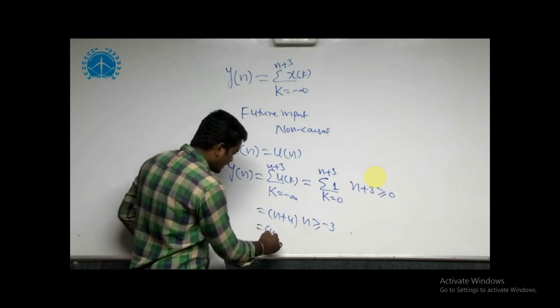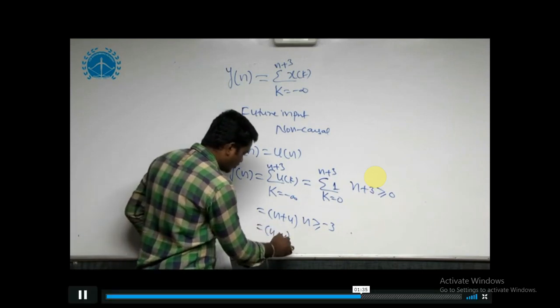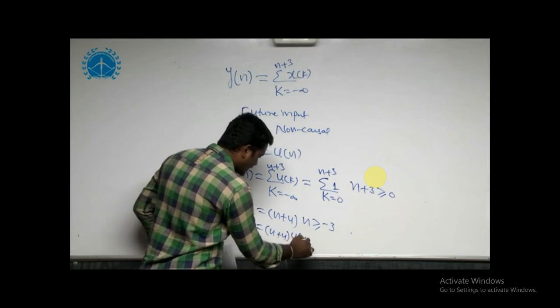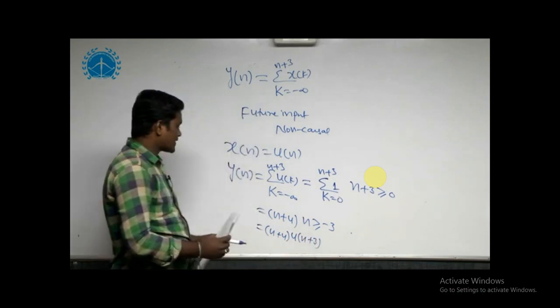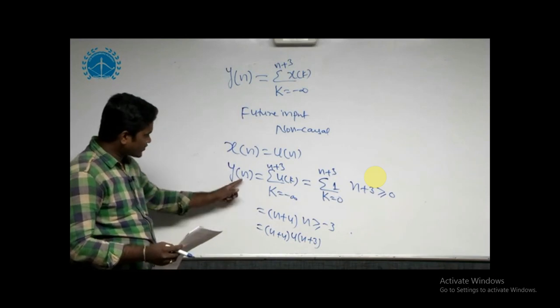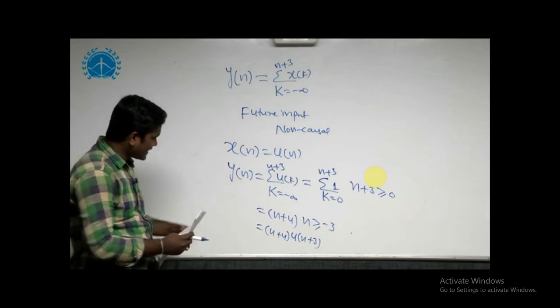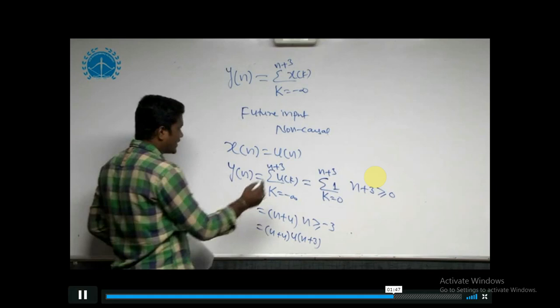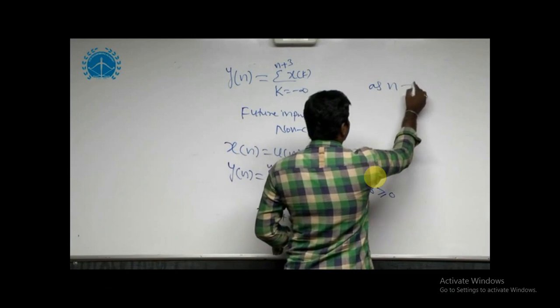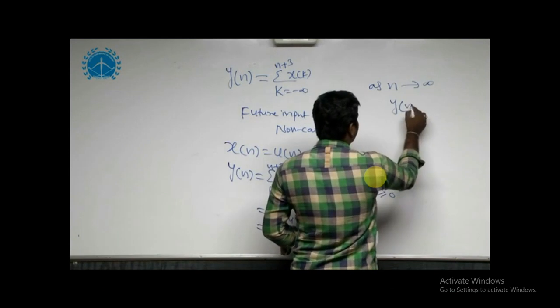So I can write this as n plus 4 into u of n plus 3. So this is the output for the given signal. Once you observe that this output, as n tends to infinity, y of n tends to infinity.